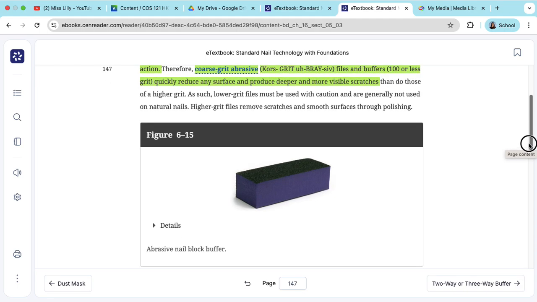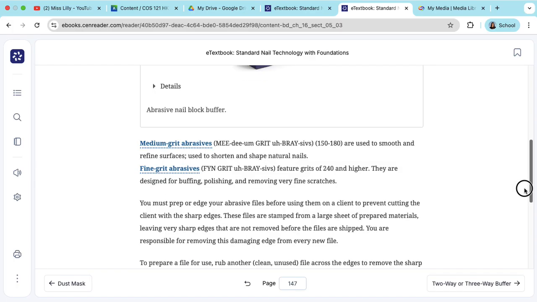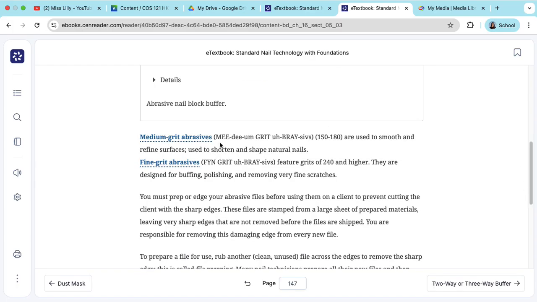Higher grit files remove scratches and smooth the surface through polishing. Medium grit abrasives, 150 to 180, are used to smooth and refine surfaces, and to shorten and shape natural nails. Fine grit abrasives feature grits of 240 and higher. They are designed for buffing, polishing, and removing very fine scratches.